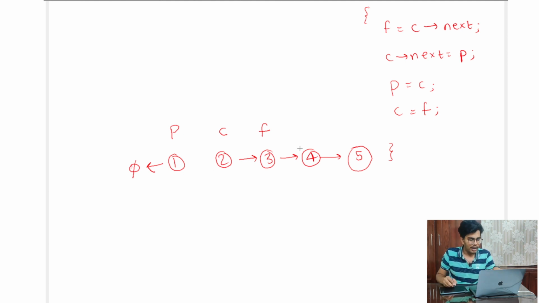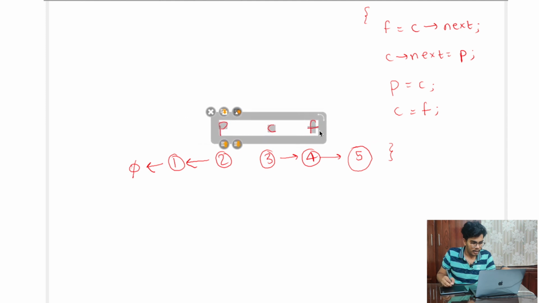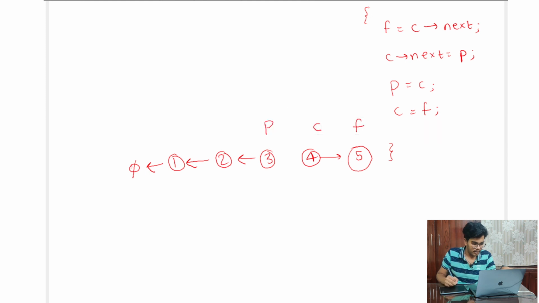After moving, current dot next is equal to p. So current dot next will be pointing to p, and the link before will get lost, and the pointers move one point at a time, right? Again current dot next equal to p, so this will point here, and then I'll lose the link between here, and then the pointers move again one point at a time.